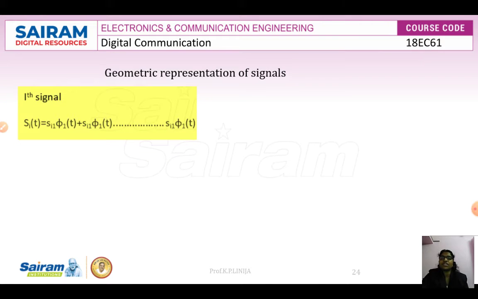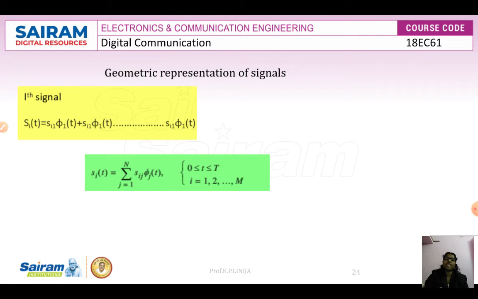If you consider the transmitted signal Si of t, for i equal to 1, 2 up to m, we can write this signal Si of t is equal to Si1 into phi1 of t plus Si2 into phi2 of t up to Sin into phi n of t.